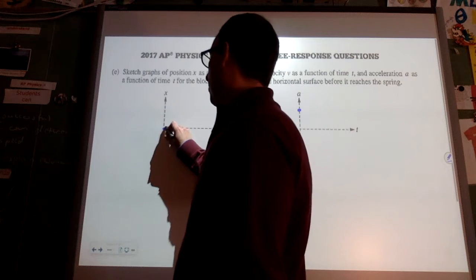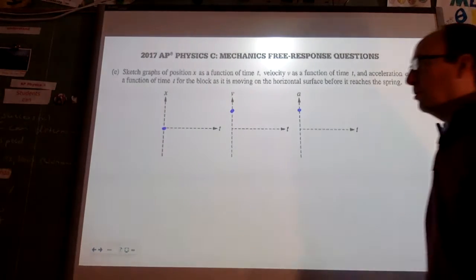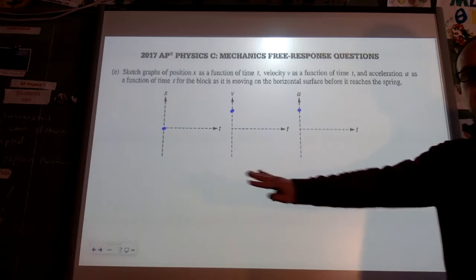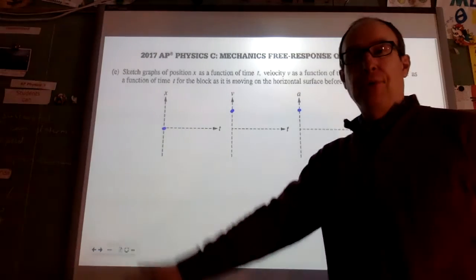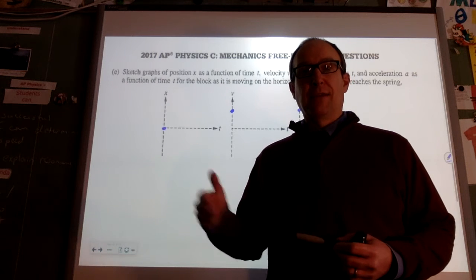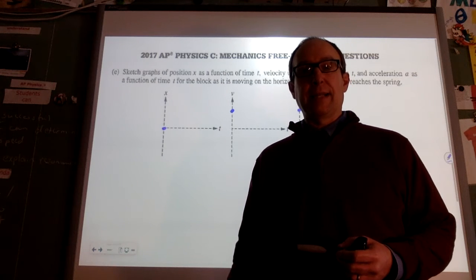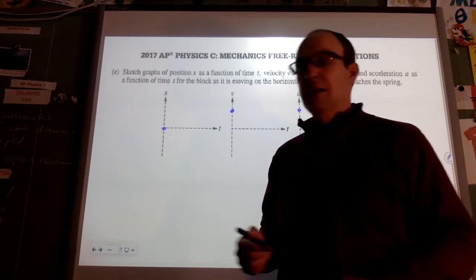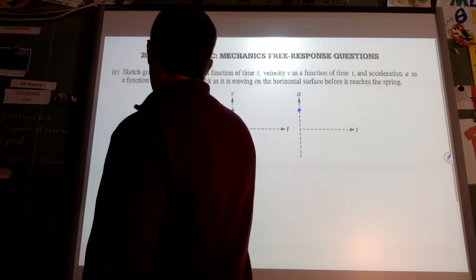The distance, we can start at 0, and it is going to be getting further away from the edge of the ramp. Now, for the distance, since the velocity is decreasing, I need to have a curve that represents that my slopes are getting smaller.